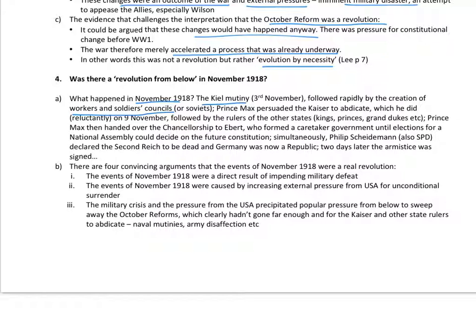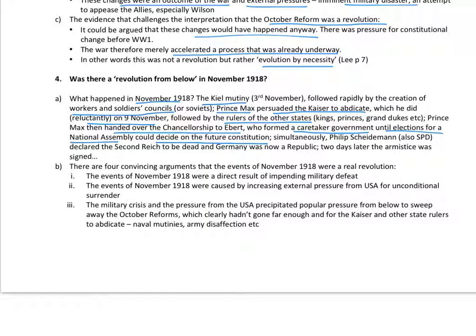And Prince Max, the Chancellor, persuaded the Kaiser to abdicate, which he did reluctantly on the 9th of November. And what then happened, of course, is the rulers of the other states, the King of Bavaria, etc., also stepped down, also abdicated. And then Prince Max, the Chancellor, handed over the Chancellorship to Ebert, and Ebert formed a caretaker government, a temporary government, until elections for a National Assembly could decide on a future constitution.